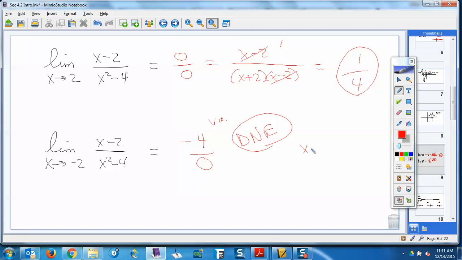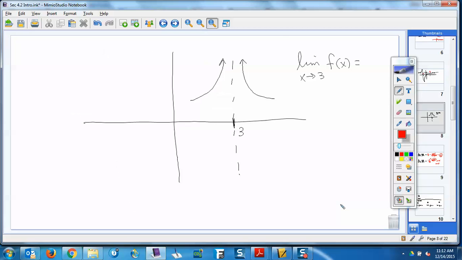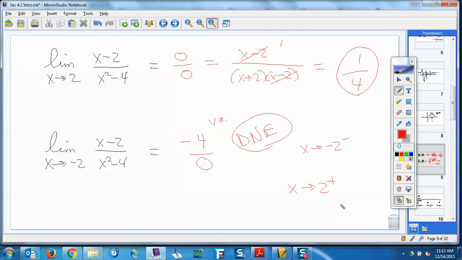We check out x approaches -2 from the left, and x approaches -2 from the right. Now what we have is this situation over here with a vertical asymptote. They might be going opposite tails like this, or they could be going the same, we don't know. But we're just going to try.